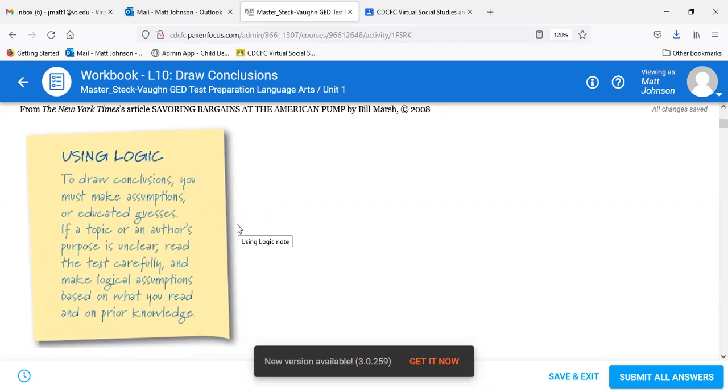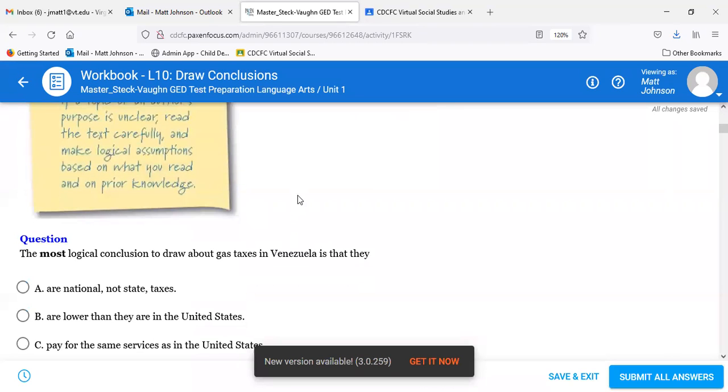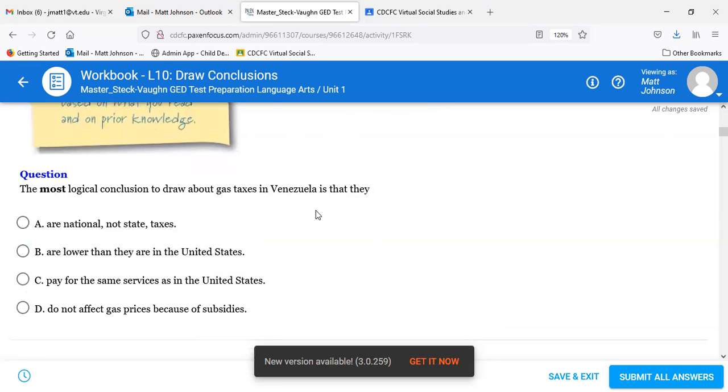This is about you making a clear assumption. So if it's not coming to you at first, you might need to slow down and reread the passage for some help. And our first question then, the most logical conclusions to draw about gas taxes in Venezuela is that they are A, national, not state taxes, B, lower than they are in the United States, C, pay for the same services as in the United States, D, do not affect gas prices because of subsidies.